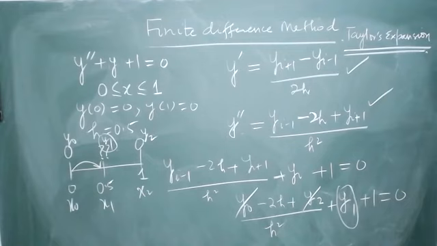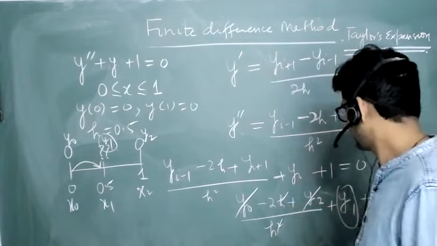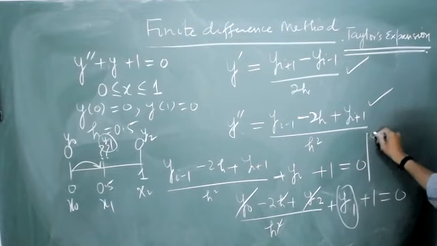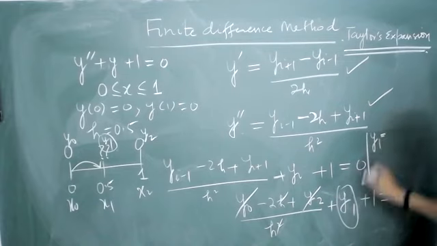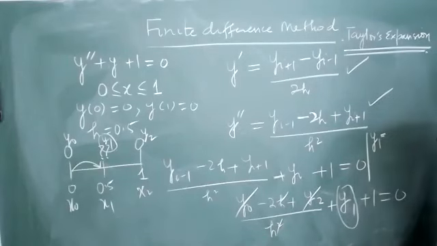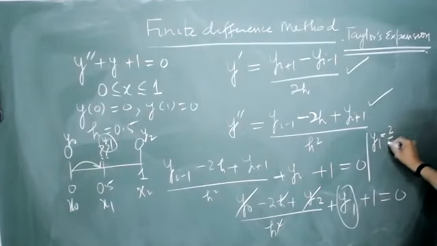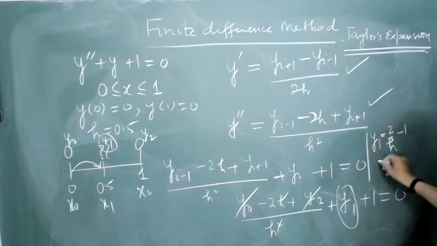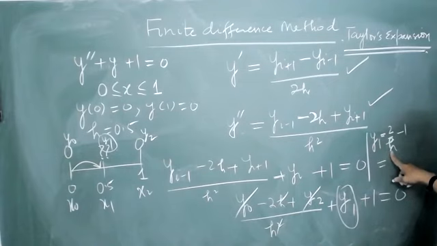No, wrong. So y1 will be equal to, please see this. What will be left here? 2 by h minus 1. Is it 2 by h? Yes. Minus 1. So this will be 0.5.